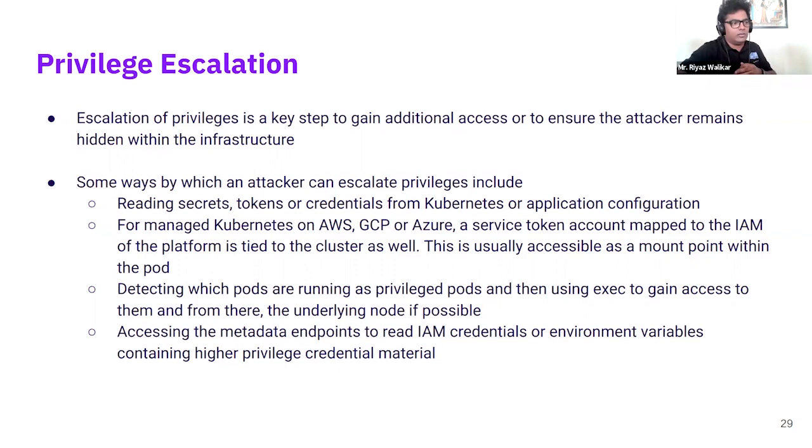Looking at the running pods within the environment would give you an idea of which one is a privileged pod. Usually Calico or any of these network providers, CoreDNS, usually run in privileged mode, so you can take a look and see if any of them are exploitable.